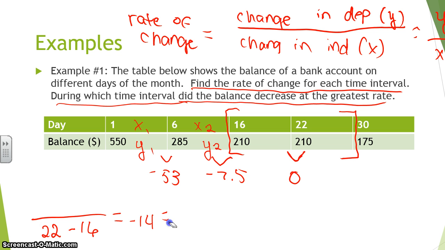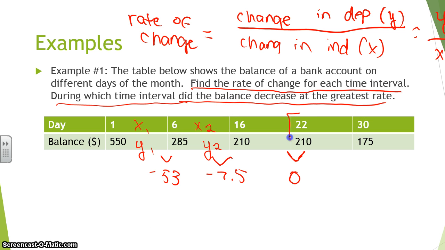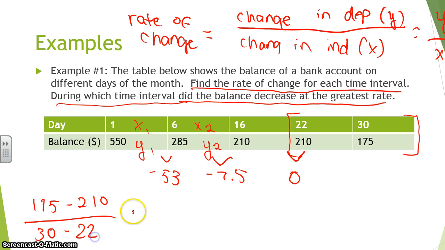The very last interval, my rate of change, we have 22 and 210, 30 and 175. So I would do 175 minus 210 over 30 minus 22. 175 minus 210 gives me negative 35 over 8.